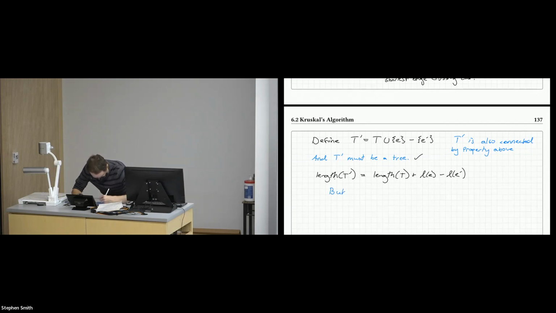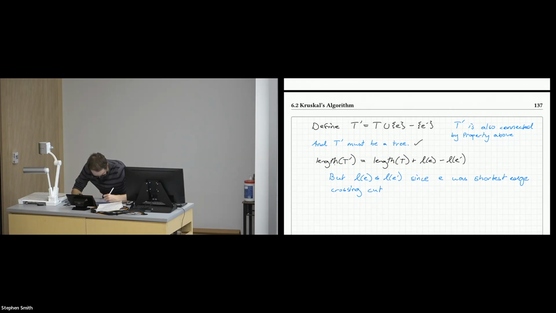But the length of E has to be less than or equal to the length of E prime, since E was the shortest edge crossing the cut. Therefore, the length of T prime is less than or equal to the length of T.